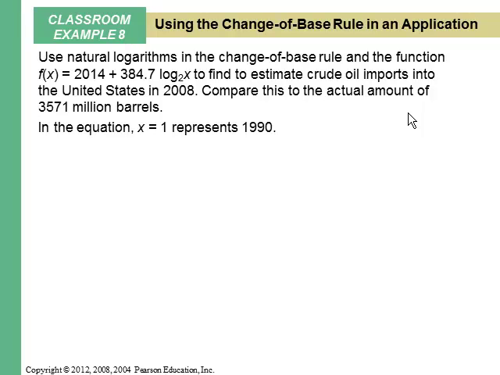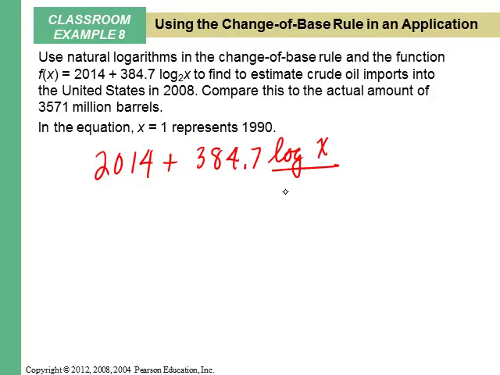Use the natural logarithms in the change of base rule and the function. I'm going to use the log base 10 because I don't have natural logs on my calculator. So I'm going to press 2014 plus 384.7 log of x over log of 2. To find the crude oil in the United States in 2008, if 1 is 1990, so this is 19.